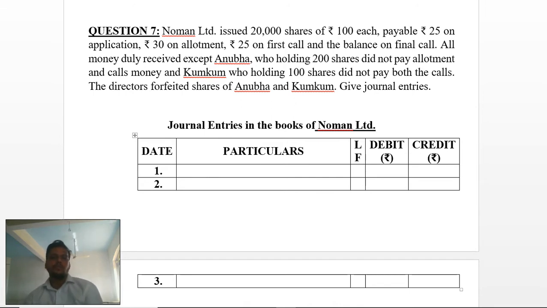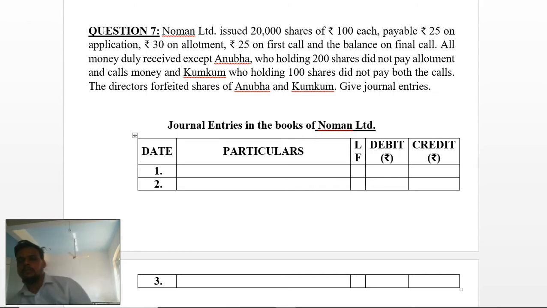All money due was received except from Anuba, who holds 200 shares and didn't pay allotment and calls money, and Kumkum, who holds 100 shares and didn't pay both the calls. The directors forfeited the shares of Anuba and Kumkum.